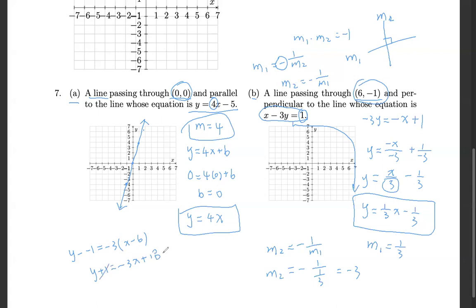Now move this 1 to the other side, becomes negative. So y equals -3x plus 17. Okay, so that's the equation. So this is the equation of the line passing through the point (6, -1) and perpendicular to this line.